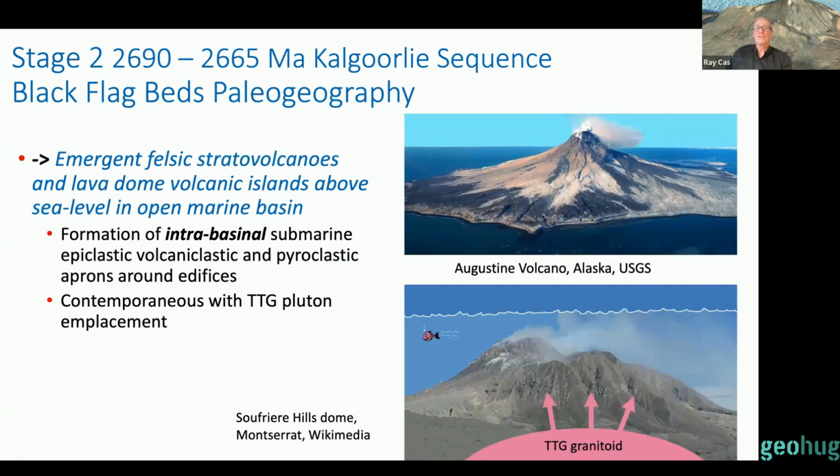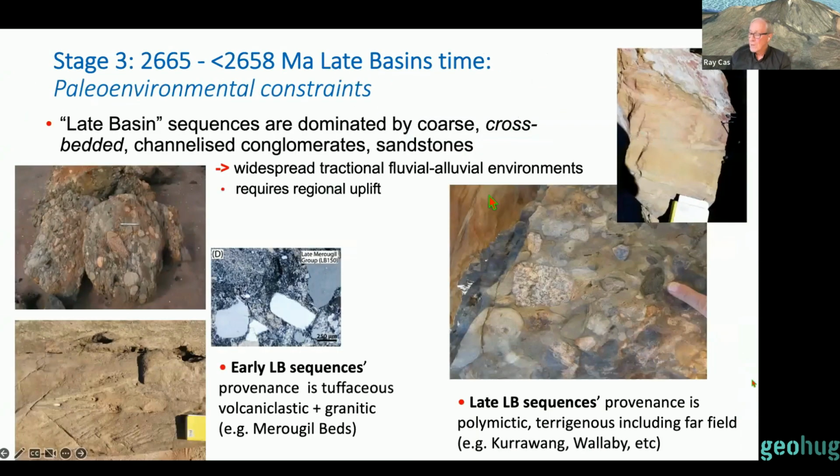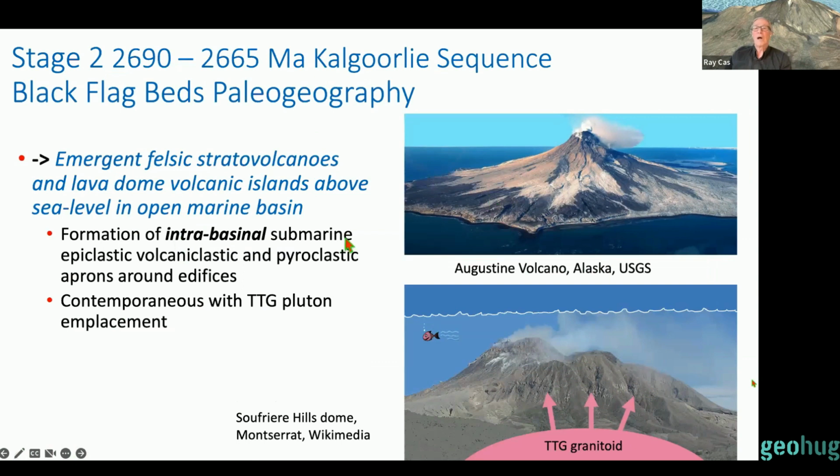So the volcanological setting at the time of the Black Flag Beds or Group, or the Kalgoorlie sequence time, was basically, again, a broad open ocean basin with isolated volcanic islands.